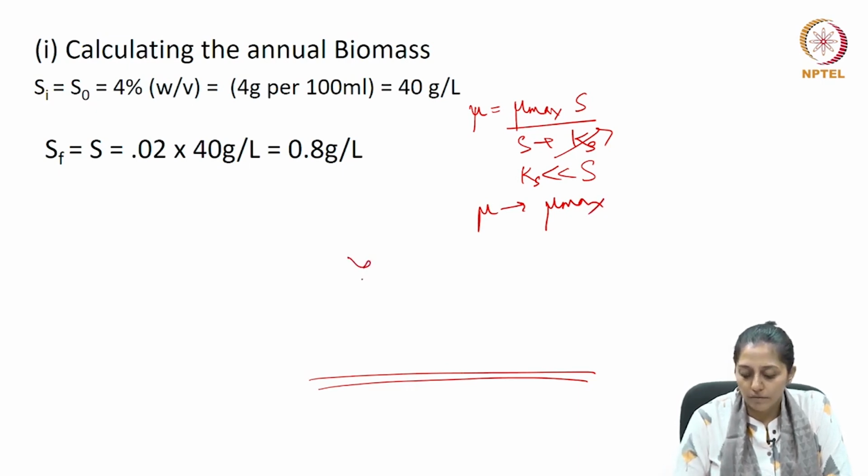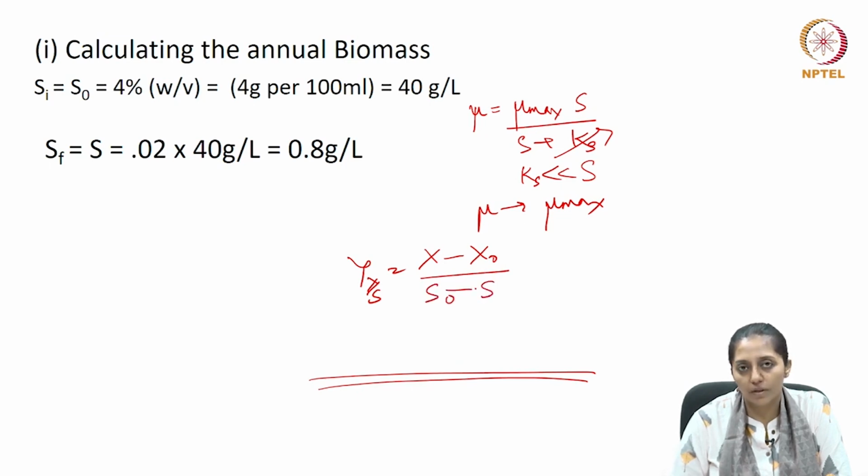Now, we know Yx/S is equal to (x minus x naught) divided by (S naught minus S), where x naught and S naught are the initial values of biomass and substrate concentrations. So, now you can relate x with S. Let us see how we relate.